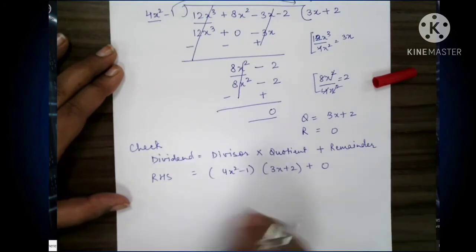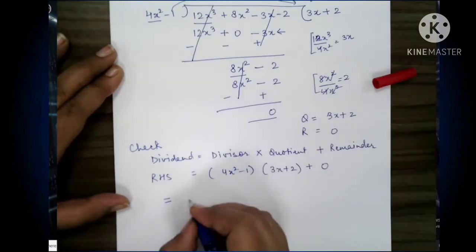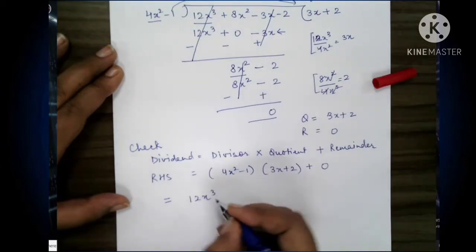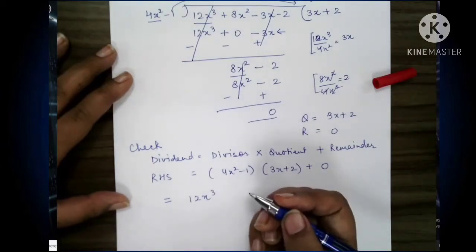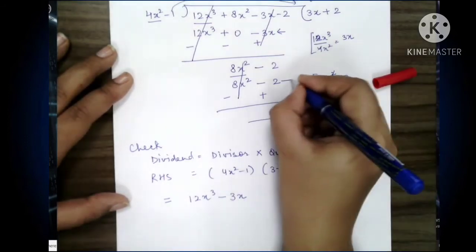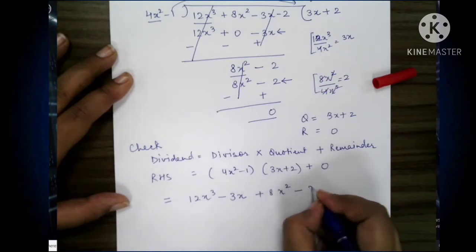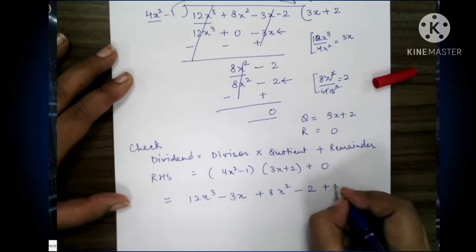Now, I told you that you don't have to do anything else. This is our first term, 12x cube, as you wish, if you want to write 0, otherwise not, minus 3x. Second, plus 8x square minus 2 plus 0. That's it.